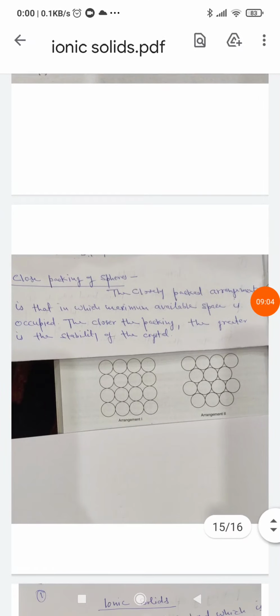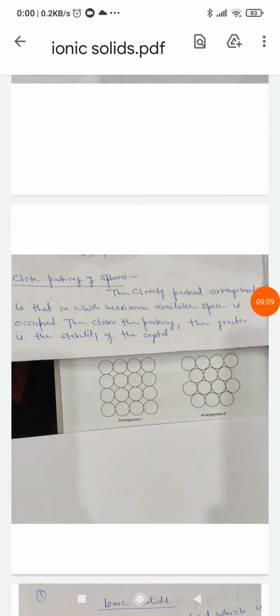Now, if we compare the 2 arrangements of the spheres, in arrangement 1 the spheres are less closely packed than in arrangement 2. It has been calculated that in the first arrangement only 52.4% of the space is occupied by the spheres, and the remaining 47.6% of the space is empty and is called void.